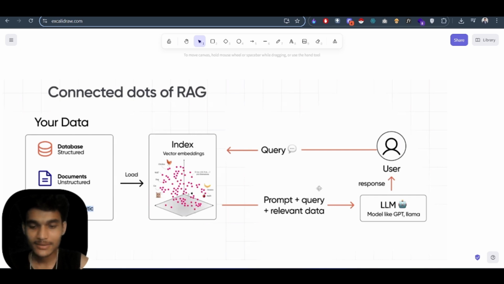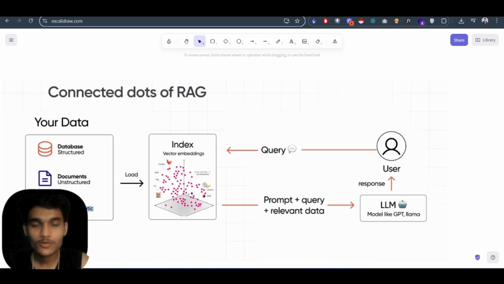You know there are databases like SQL and NoSQL. There is another type of database, the vector database. If you know vectors, they are multi-dimensional.